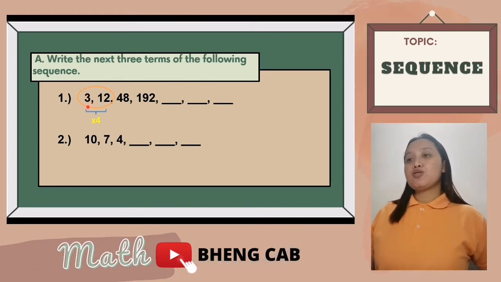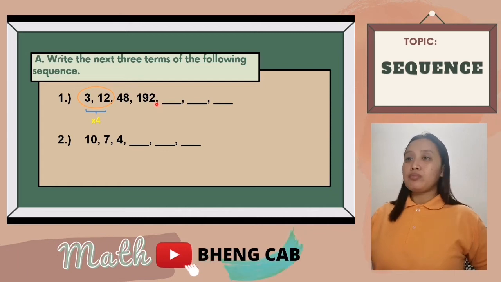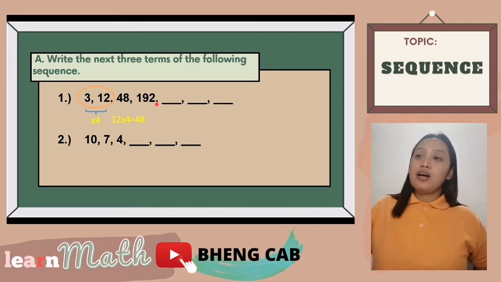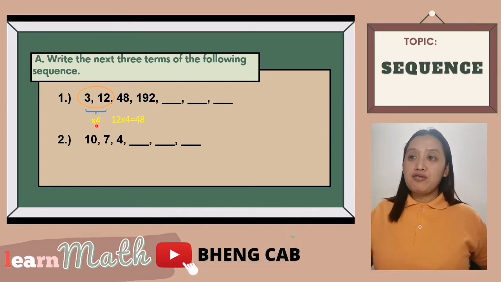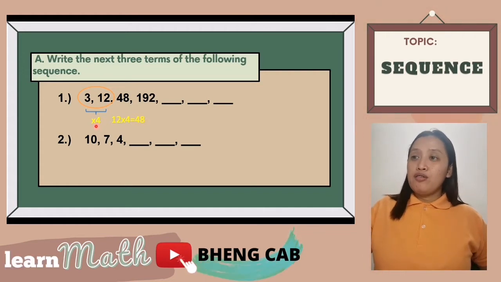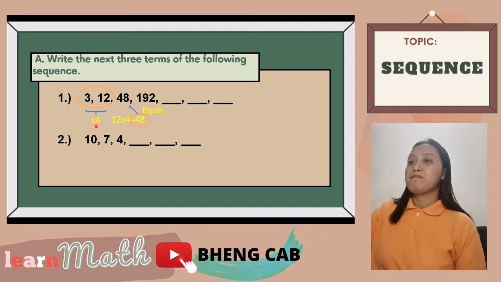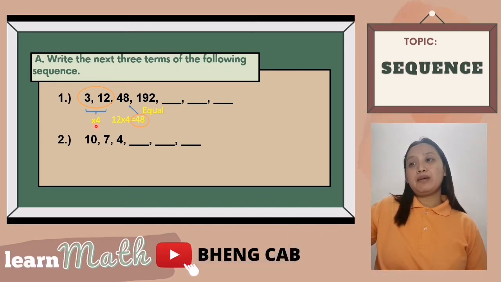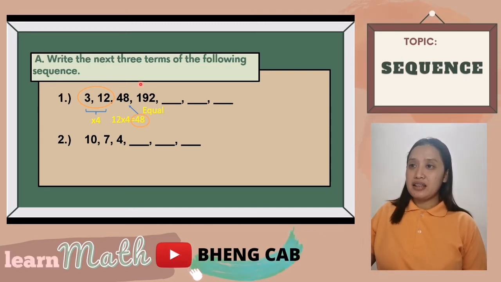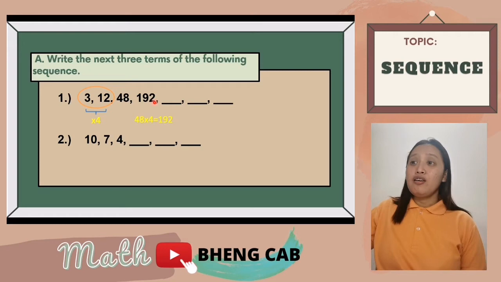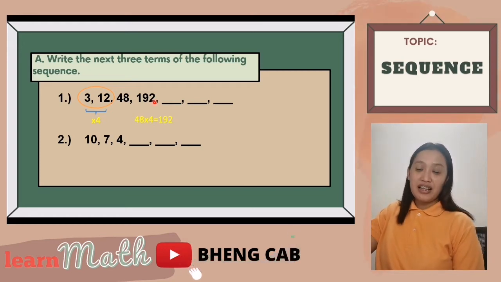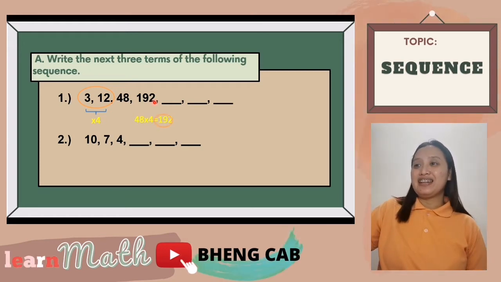So, 3 times 4 is equal to 12. How about 12 times 4? We have 48, which is true in this case. Try naman natin, kapag minultiply natin yung 48 by 4, well, we have 192. 48 times 4 is equal to 192.